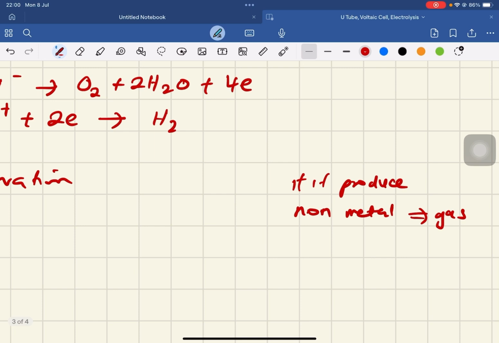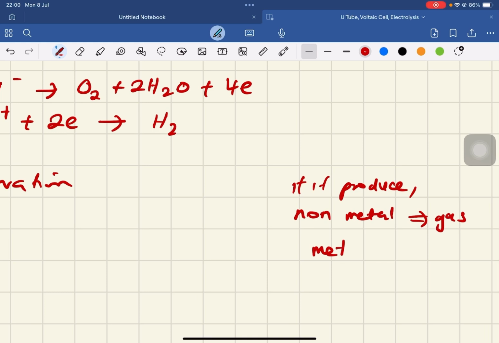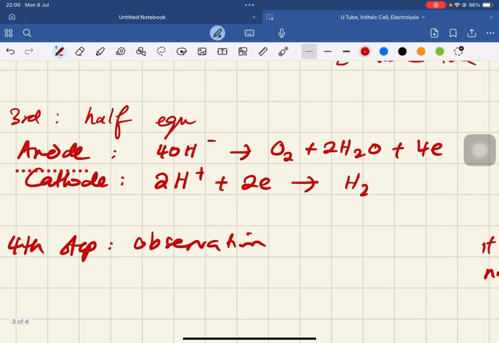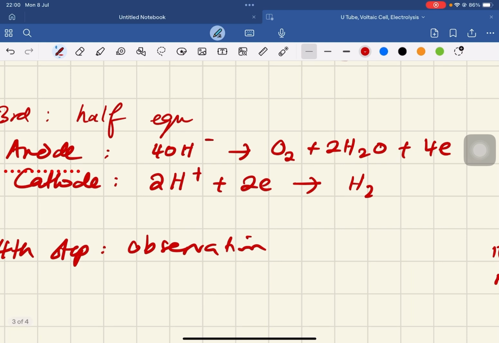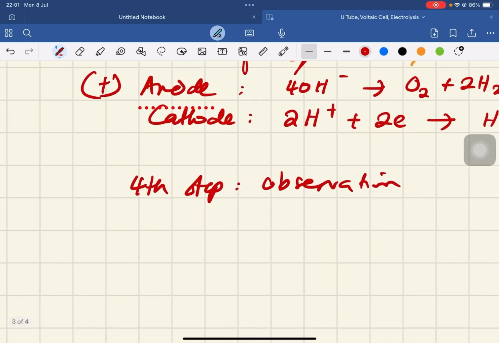If it produces a metal, you will see a solid. Now let's look at the after, meaning after the arrow. After the arrow is the product. As usual, anode and cathode.